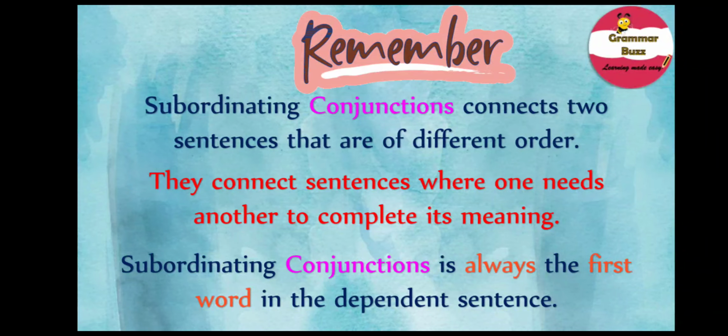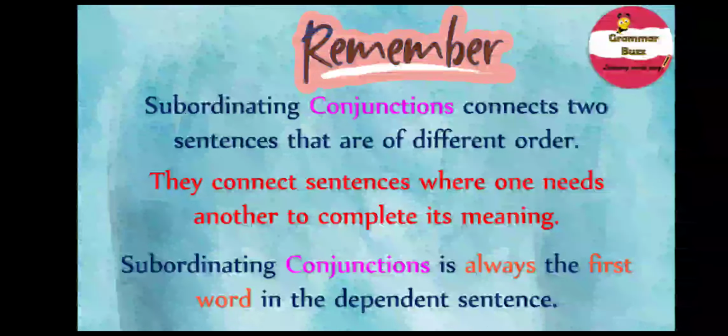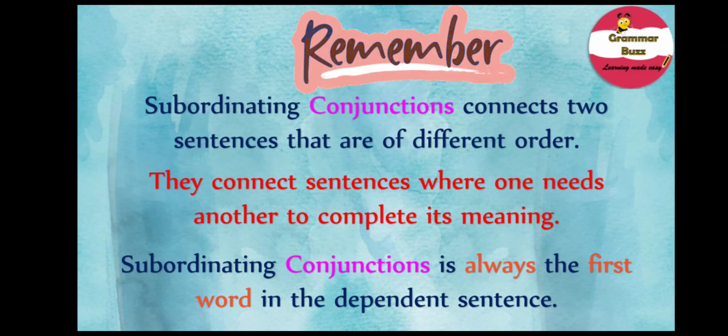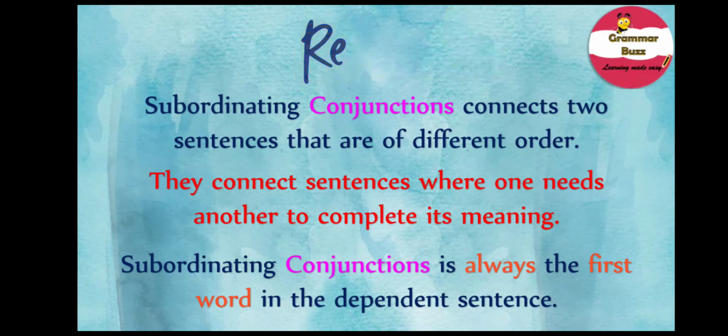So you see, subordinating conjunctions have different properties, and because of that, they can be grouped accordingly. Those which show cause and effect, those which show significance of time or place, and those which show conditions. So let us find out what these subordinating conjunctions are.